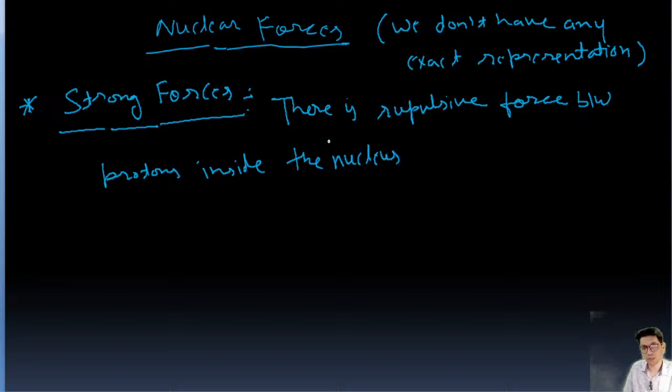Because nucleus is made of proton and neutron, right? So there is obviously a repulsive force between the protons inside the nucleus, because protons have plus charge. Nuclear force, that is, F proportional to 1 upon r square, that is the electromagnetic force, right?